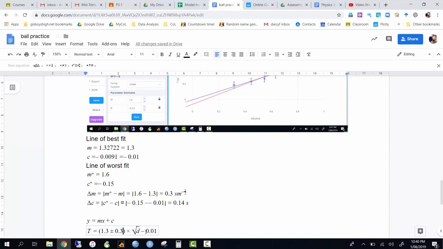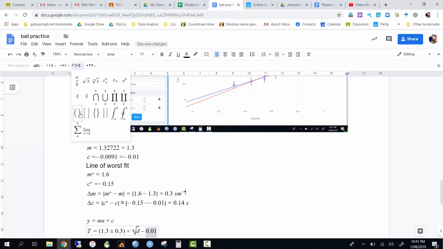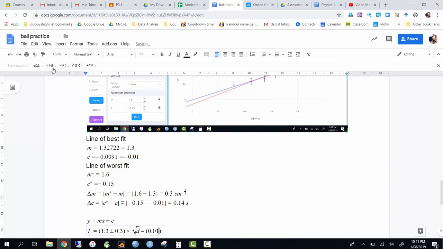And the y-intercept, 0.01 inside a bracket, just like I did before, for exactly the same reasons, and then plus or minus 0.14. So there's my equation, including a consideration of uncertainties.